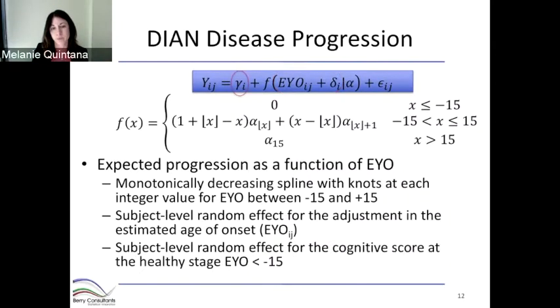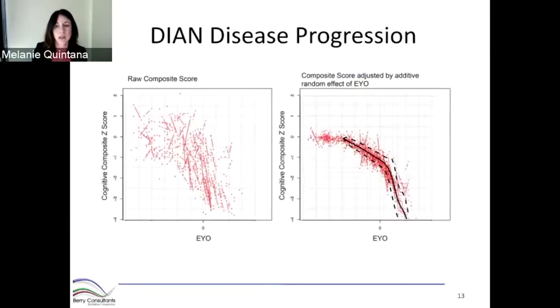We also have another random effect in the Y space, just to measure that some individuals are healthier than others on average, or some just perform better on these tests than others. What does this look like in terms of the actual data? Well, here are those same red dots that I showed you before.